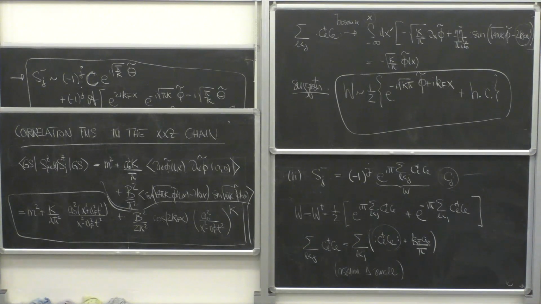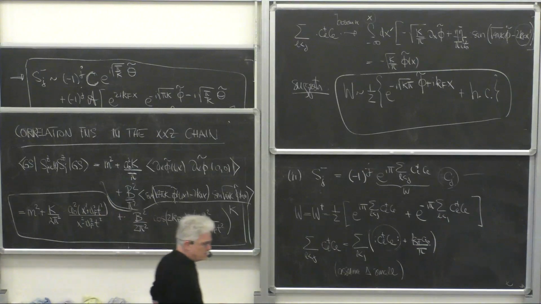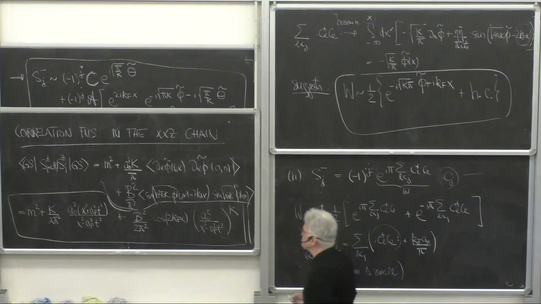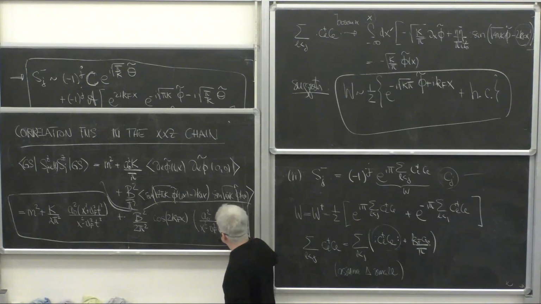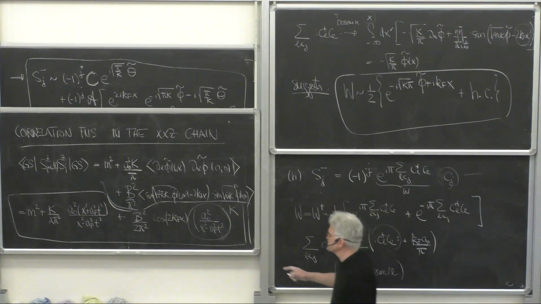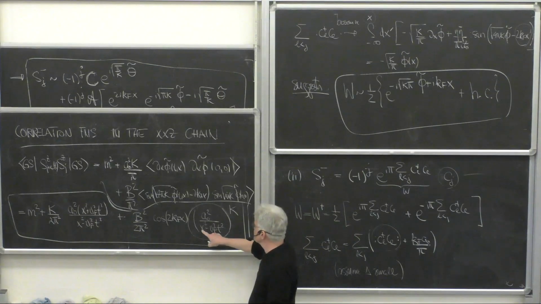Okay, so in terms of field theory considerations, you can see this piece here corresponds to a correlation function of some scalar operator, because it just depends on x squared minus v squared t squared.